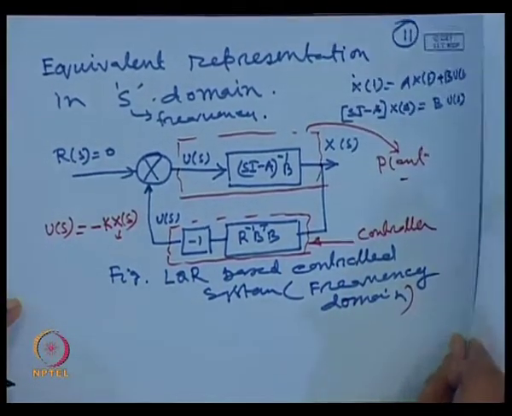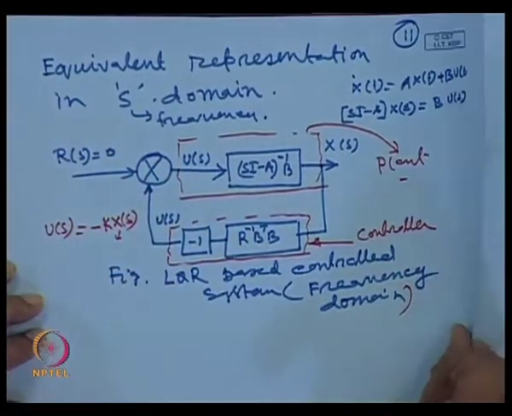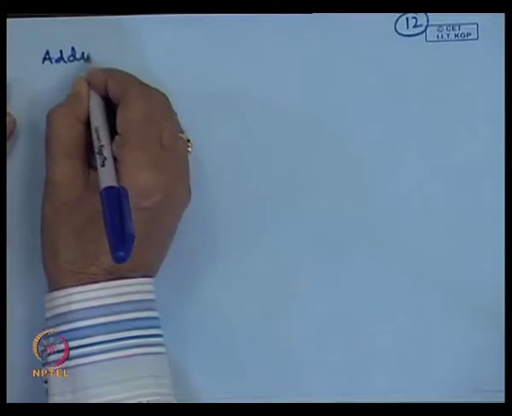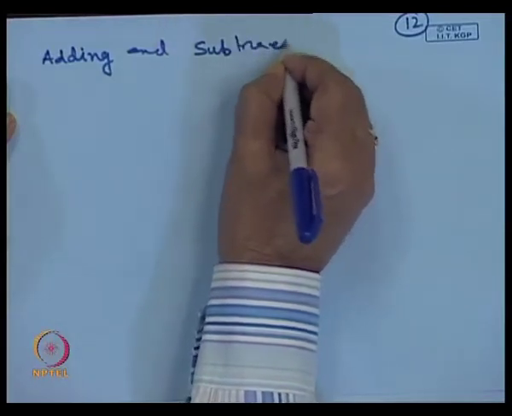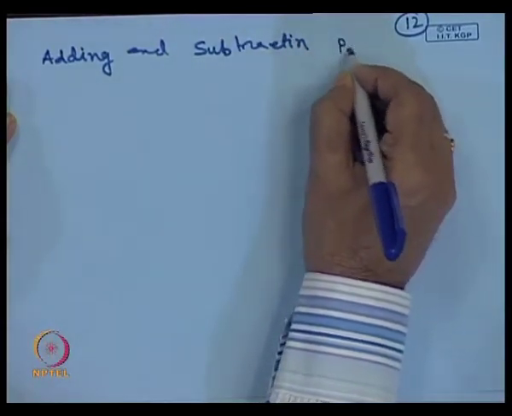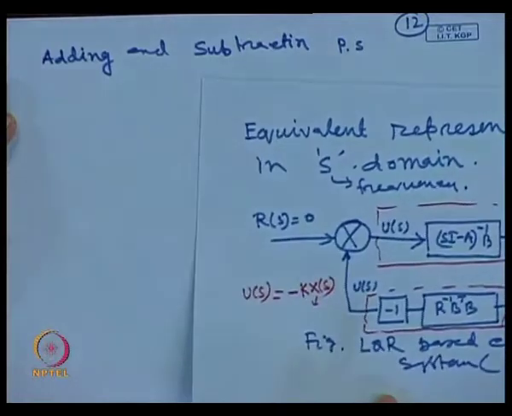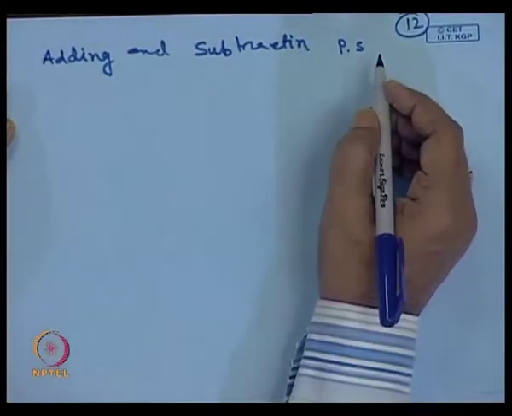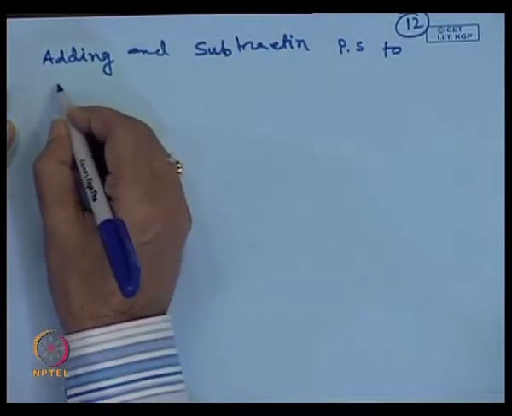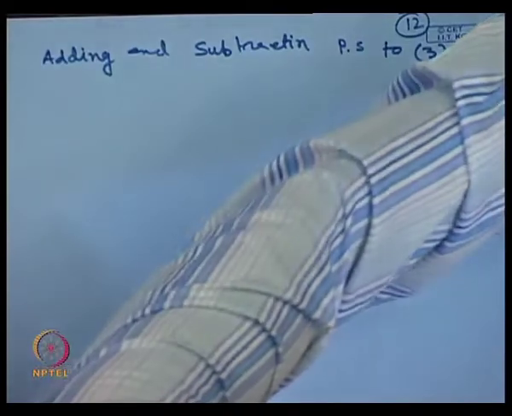Now, let us see this. What we are doing here is adding and subtracting P into S. P is the solution of the Riccati equation, and S is the frequency domain variable. Agree? See equation number 3.